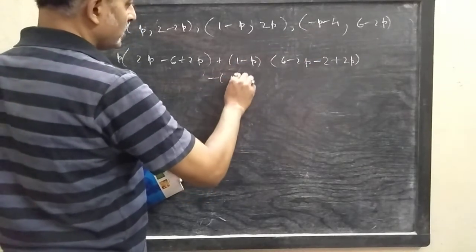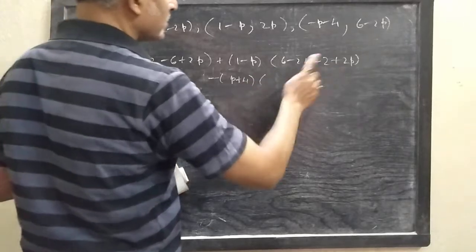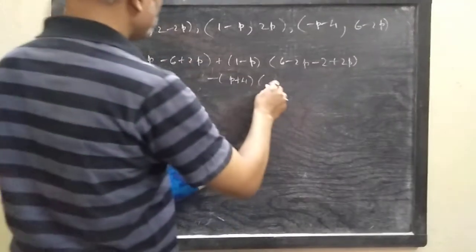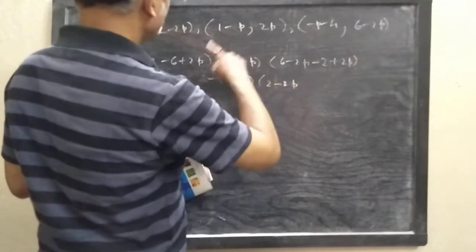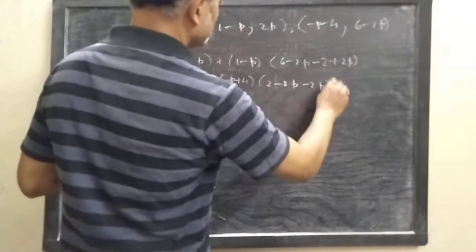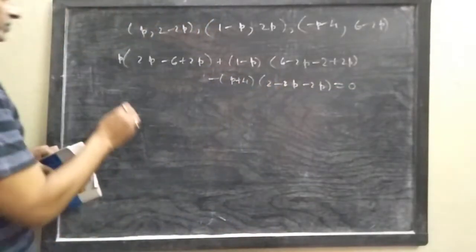X3 is minus of P plus 4. So write in this way, minus of P plus 4, X3 into Y1 minus Y2, Y1 is 2 minus 2P, Y1 minus Y2 equals 0.